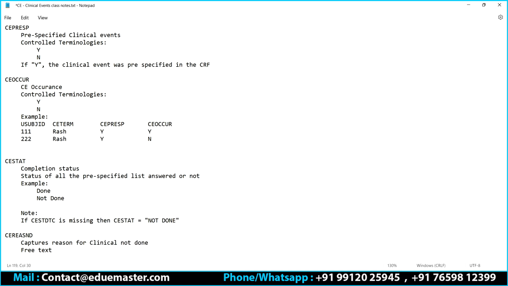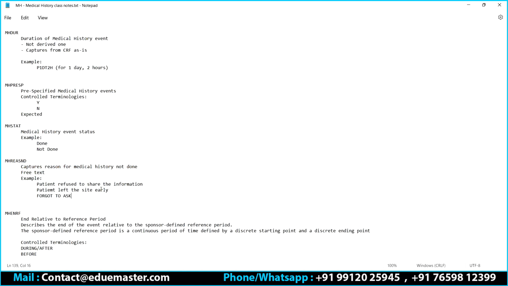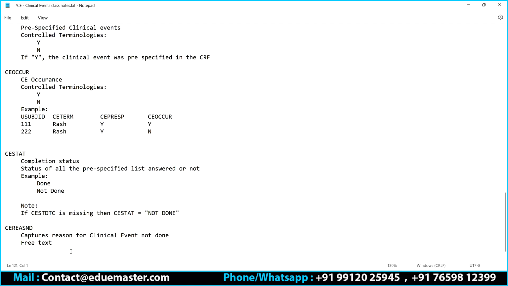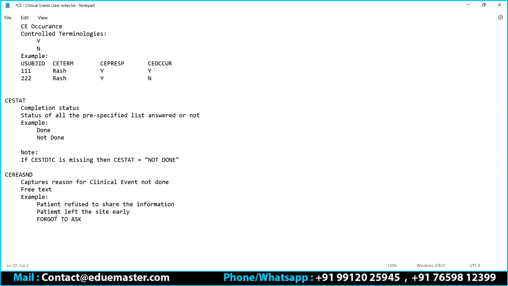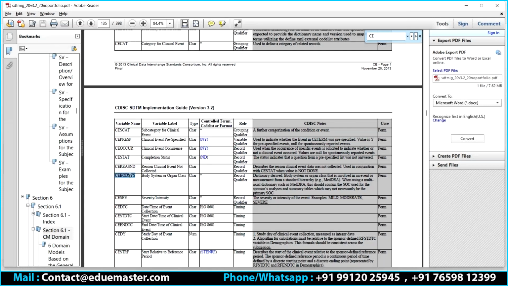Remember this. Same thing we are going to repeat again and again. Most of the time it is going to be free text, right? So what can I do? I can go with all these three: patient refused to give the information, patient left the site early, or forgot to ask. All of them are valid, right? Just like your medical history, whatever you have given, the same thing you are going to give here.